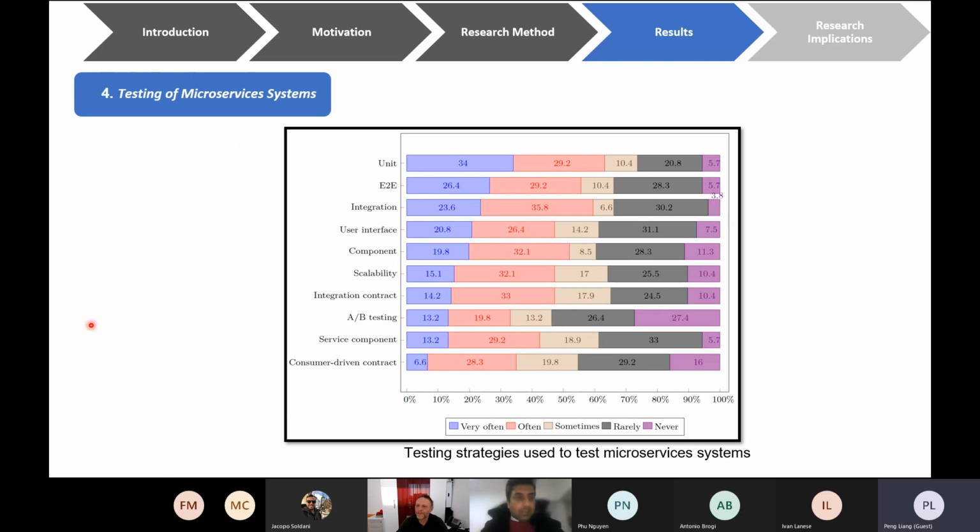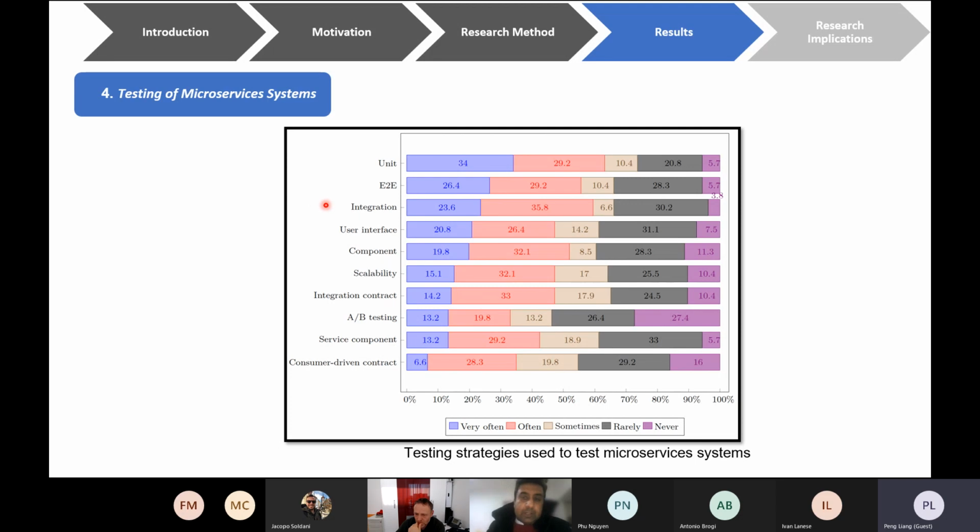Amleto. So again, the third and final part of our study was about testing of microservices systems. We provided some candidate answers to the participants, and we conducted another systematic mapping study in which we identified several approaches, tools, and challenges that we then investigated from practice.